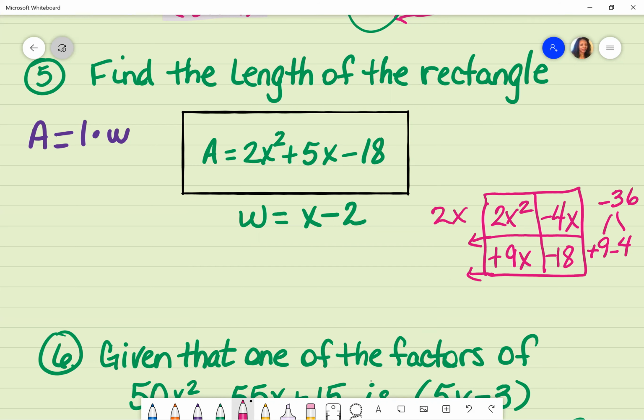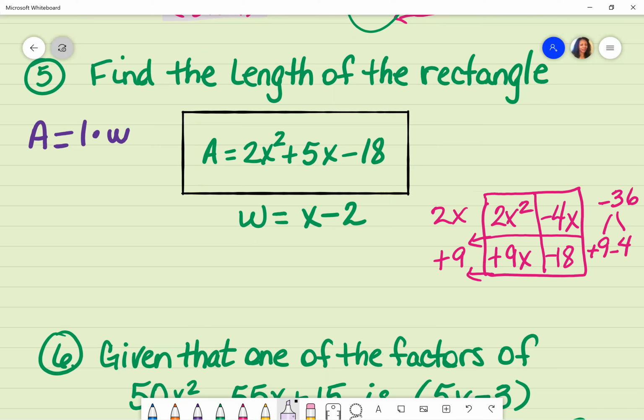And then I want to take the greatest common factor of the second row. And what can both of those be divided by evenly? And it's going to be a positive 9. Again, I'm taking the sign of what's closest to me. Both of those are positive, so both of the signs are positive.